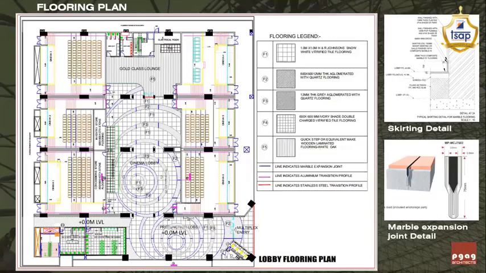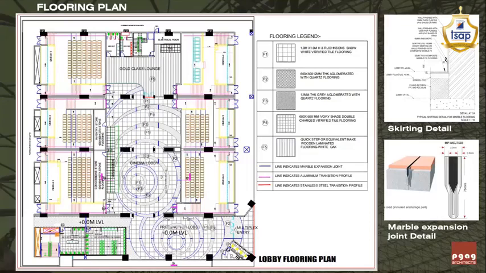Considering the 10 mm thickness of the wooden flooring, he is going to lay the IPS flooring 10 mm lower than the finished floor level of the lobby, so that after the completion of the entire site, both the flooring levels get matched.